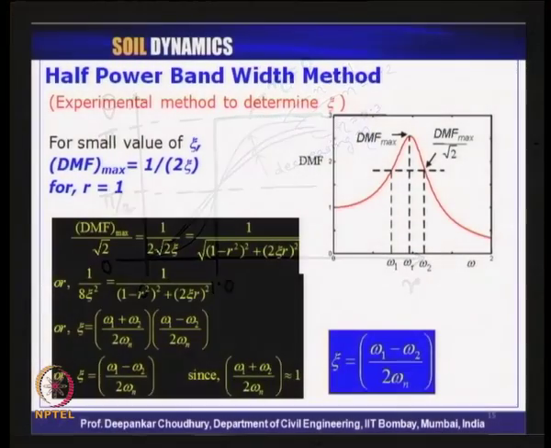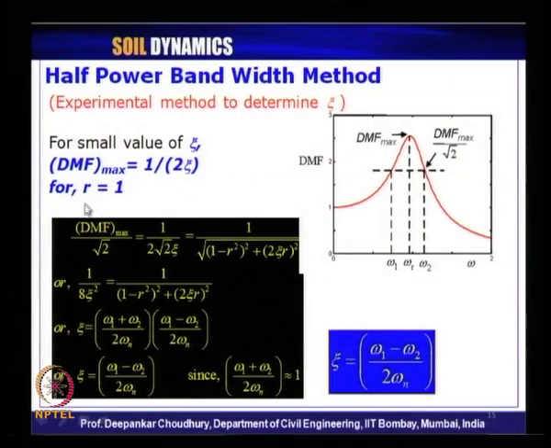Now, for r equals to 1, when the frequency ratio equals 1, we can express the maximum dynamic magnification factor as 1 by 2 eta. Now we are dividing it by root 2, so in the denominator we get root 2, which is given by this expression.